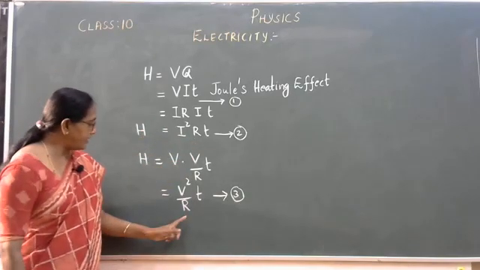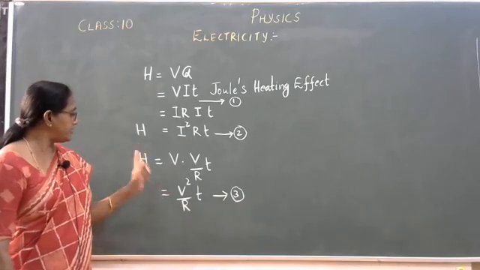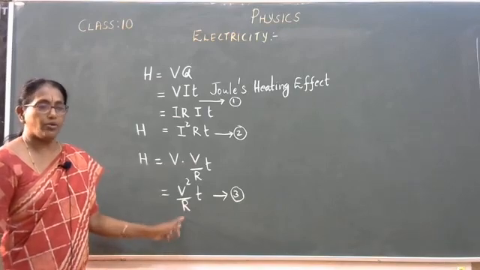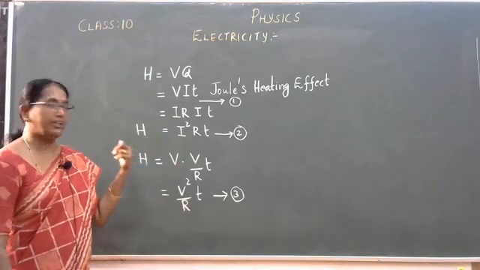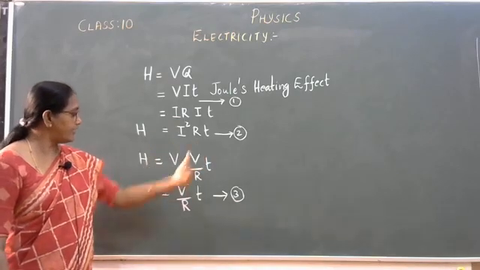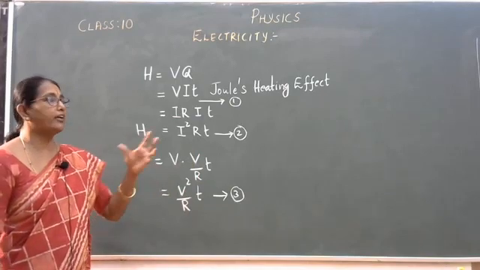But this equation is telling that H is inversely dependent on resistance. So the same quantity is on the left side, that is energy consumed, but on the right hand side we are getting two different interpretations.